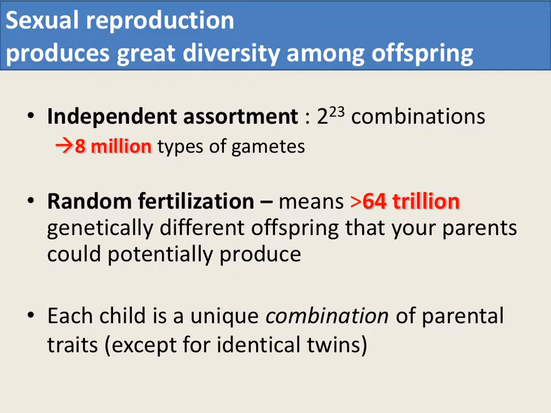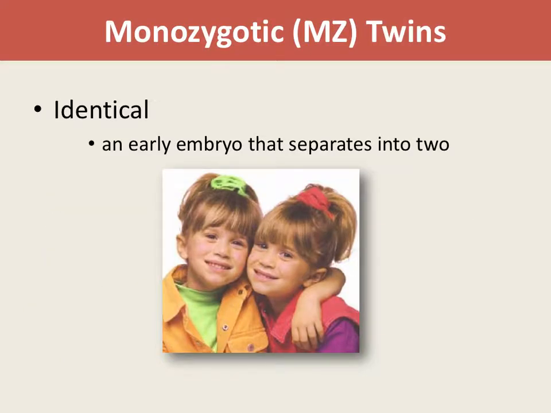Okay. So each child is a unique combination of parental traits, except for identical twins. We'll get to that right now. When you have identical twins, it means that you have one embryo that somehow then separates into 2.